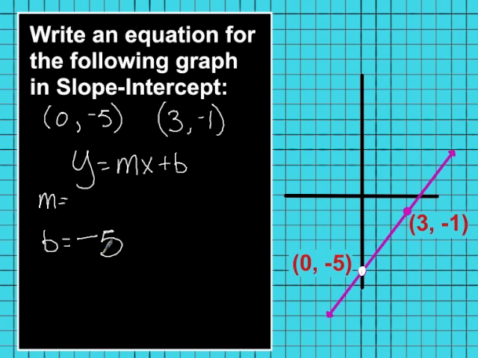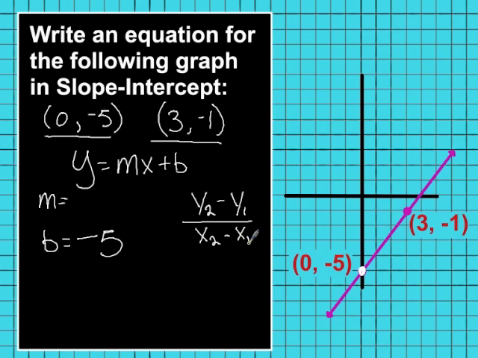Now here comes some of the work. We need to find the slope between these 2 points, and on the last slide I looked at how we find the slope of 2 points. We need to take y2 minus y1 over x2 minus x1.